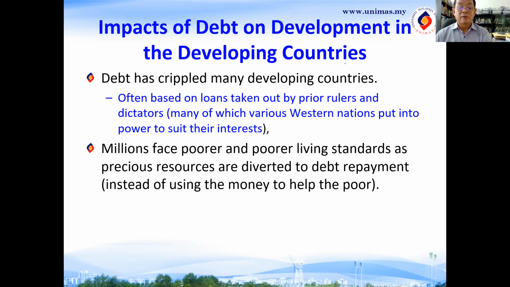Okay, so as a result of that, millions of people in the less developed countries face poorer and poorer living standards as precious resources are diverted atau digunakan untuk membayar hutang, to pay for debt repayment instead of using the money to help the poor.